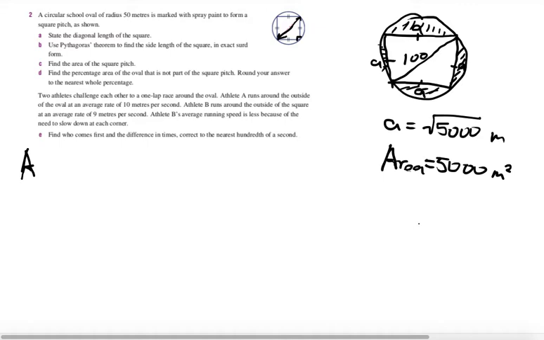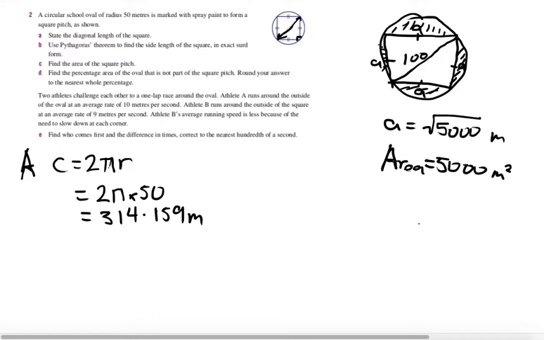And that one is C equals 2 pi r, which is equal to 2 pi times 50, because if you remember the radius was 50, which is equal to, just putting that into a calculator, 314.159 meters. So that is the distance that runner A has to run.